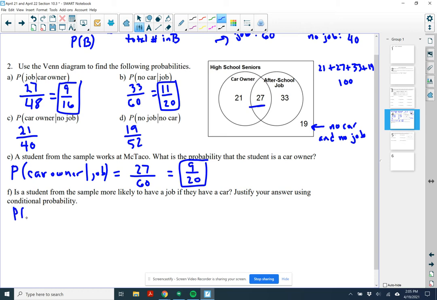I need to calculate the probability that they have a job. And then I'm going to compare that to the probability that they have a job, given that they have a car, and also the probability that they have a job, given that they don't have a car.